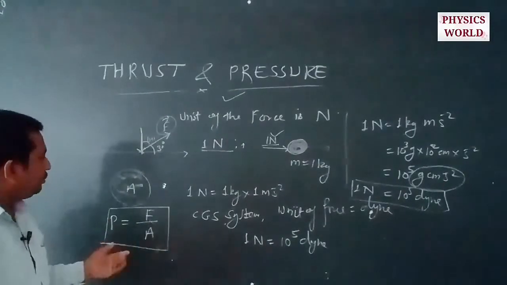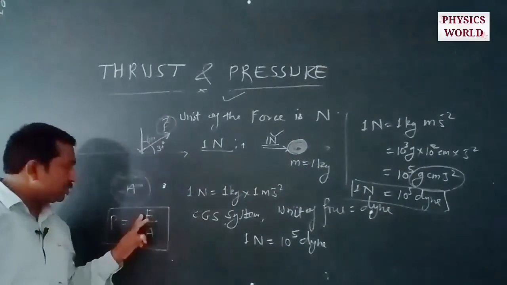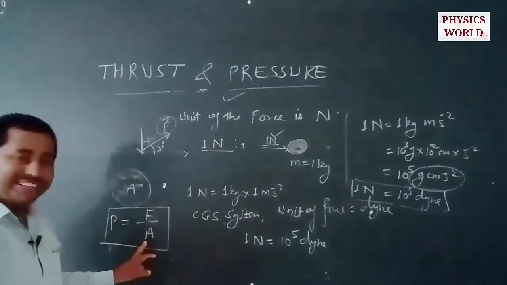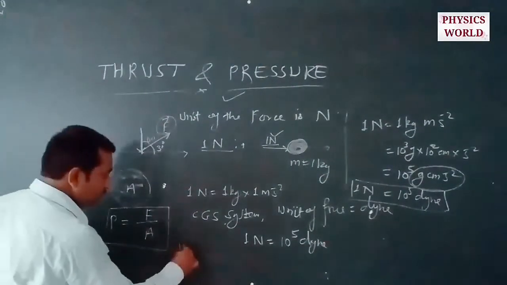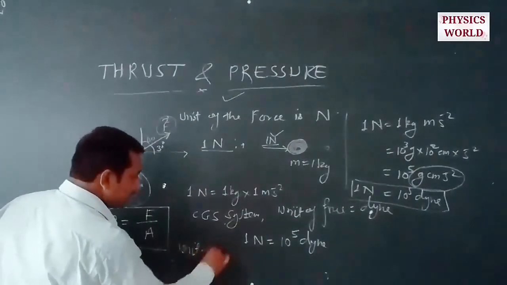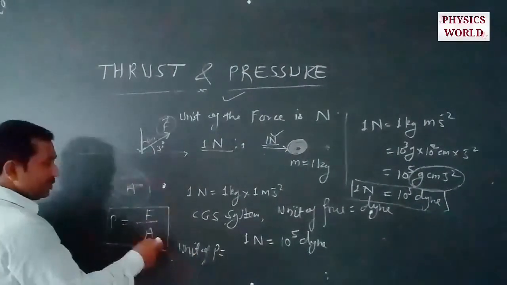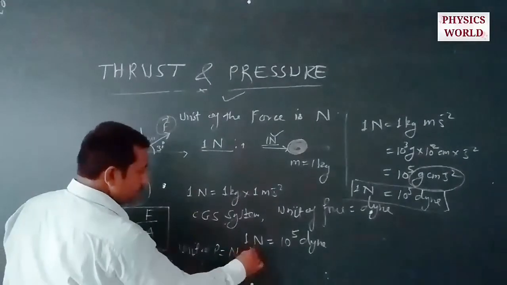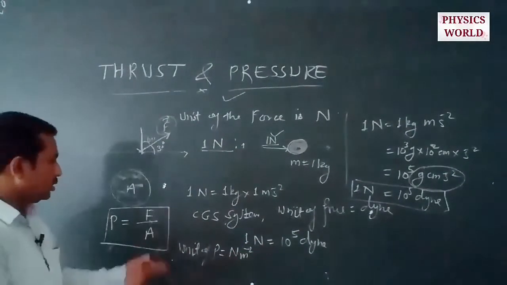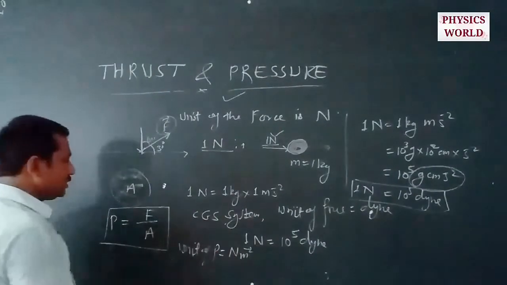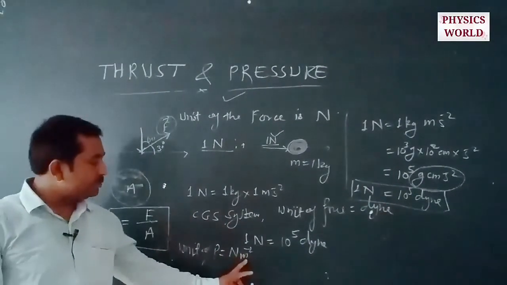As we know, the unit of force is Newton and the unit of area is meter square. So the unit of pressure is Newton per meter square. Okay, so from here we get Newton per meter square.